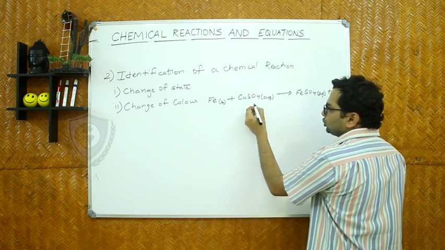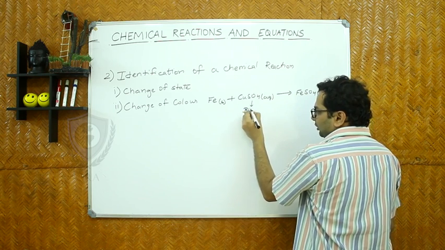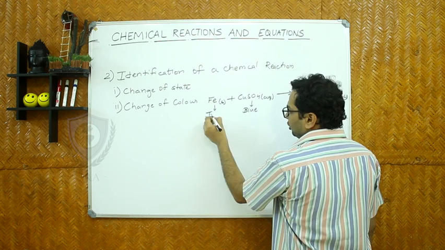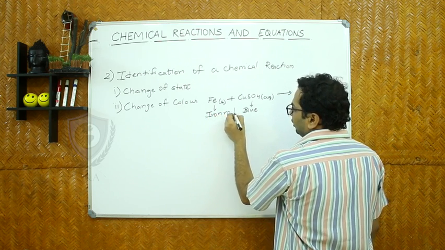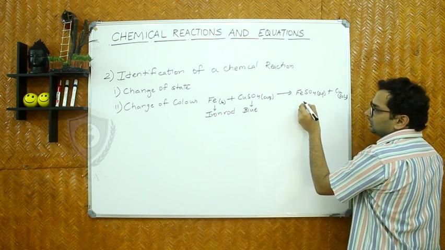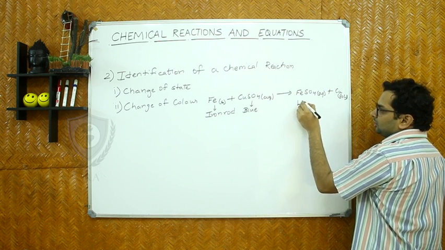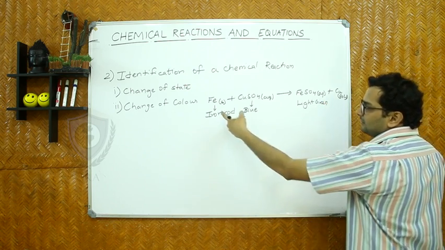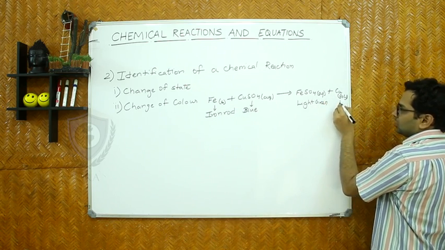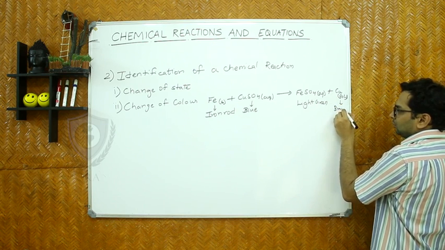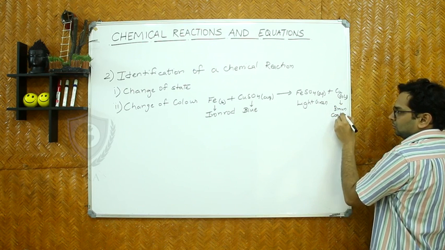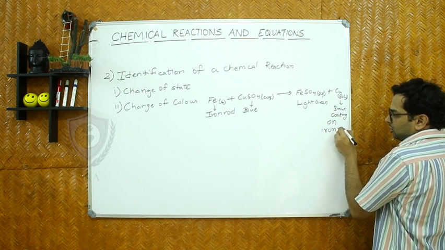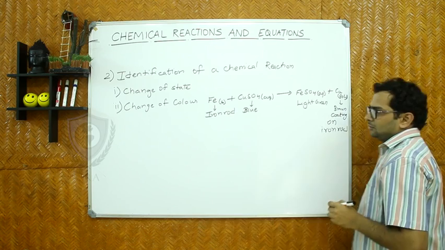The copper sulfate solution is initially blue in color, but when you dip an iron rod, the copper sulfate solution turns into light green. At the same time, we will see that the iron rod has a brown coating, which is due to the copper.